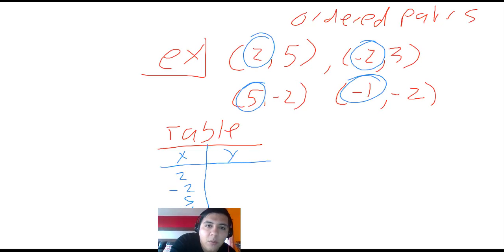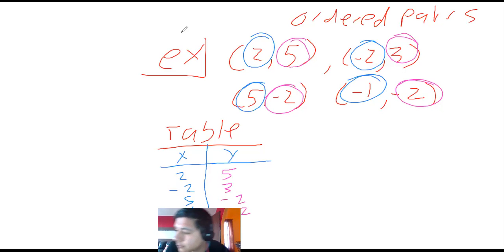And we can say on the y values, we're going to have our second numbers right there. So let's just make sure we match them up with the x value that they correspond to. So 2 and 5, -2 and 3, 5 and -2, and then -1 and -2. So that's how we would put them into a table.